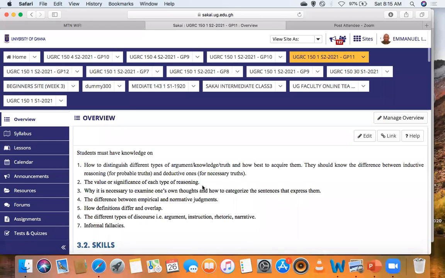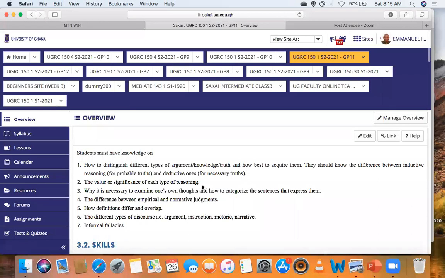Now, by way of a general remark, there's this distinction between the empirical and the normative. Anything that refers to the empirical refers to the external world. That is, it refers to facts in the external world. By contrast, anything that refers to the normative is not referring to the external world, it is rather referring to our values, those values that we cherish or those values that we don't cherish.